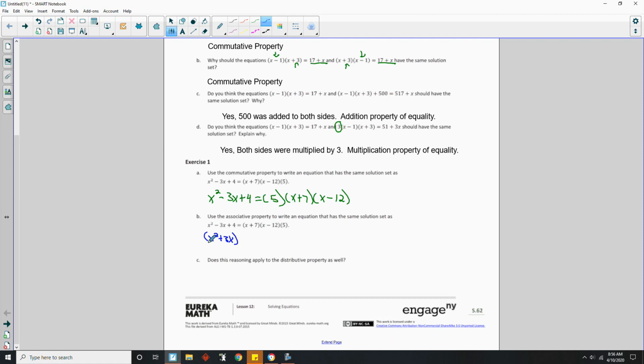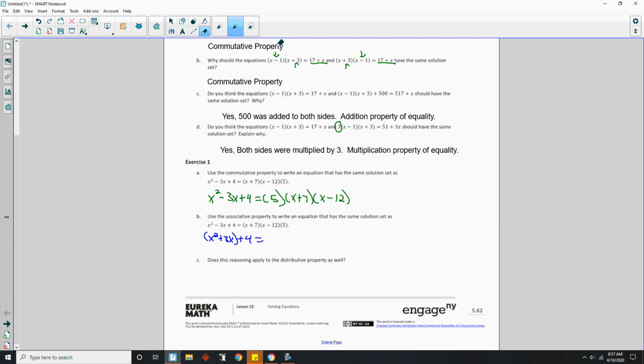So I'm thinking about when I complete the square, I group my variable terms and do that, and then equals, and then I could do x plus 7 times x minus 12 and put parentheses around that. That would tell me to do these two first with an extra set of parentheses around. I didn't have two here either. Let me rewrite that.